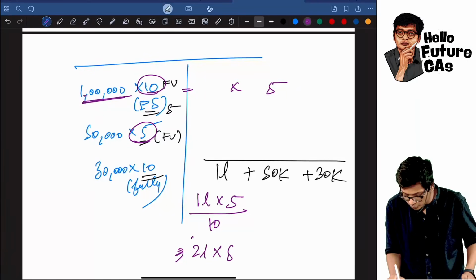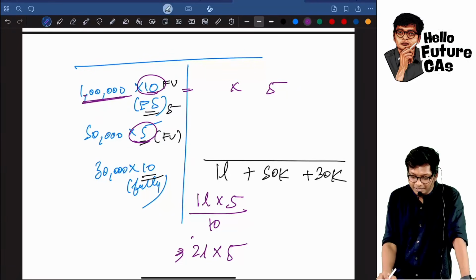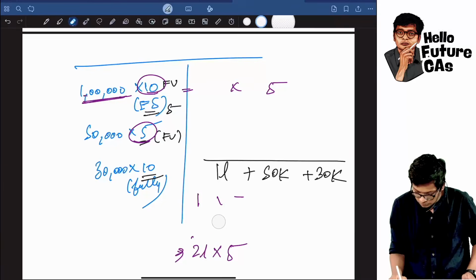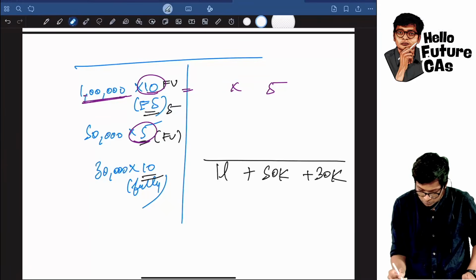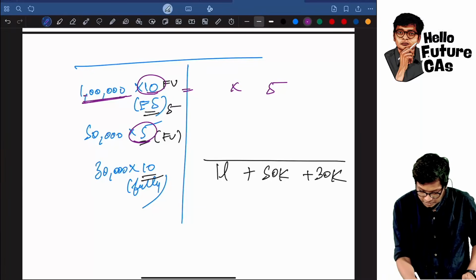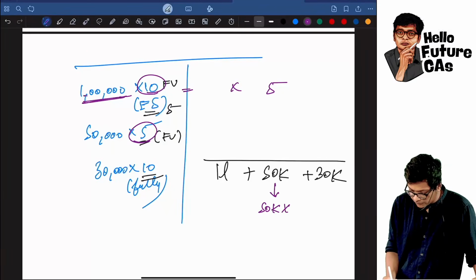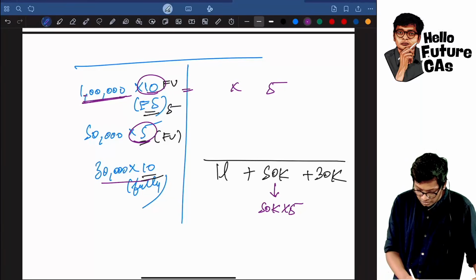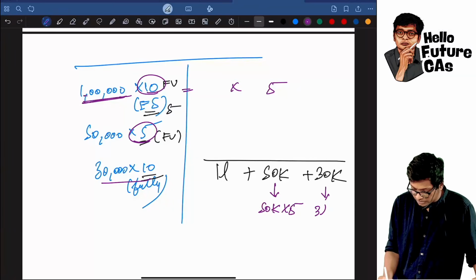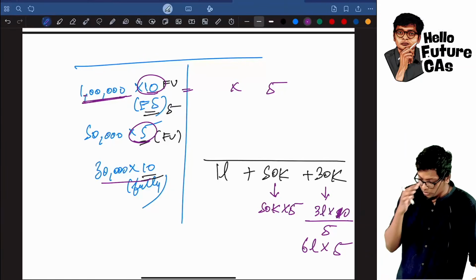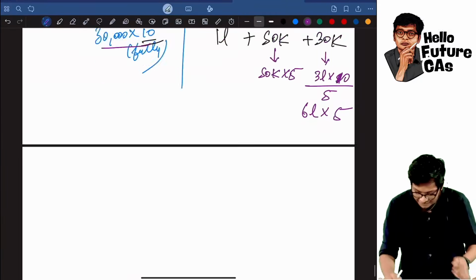So 2 lakhs into 5, correct. Okay, no, this is not correct. Okay, let me do the other ones first. This 50,000 will be the same, guys. 50,000 into 5. Okay, hold on, let me write that again.